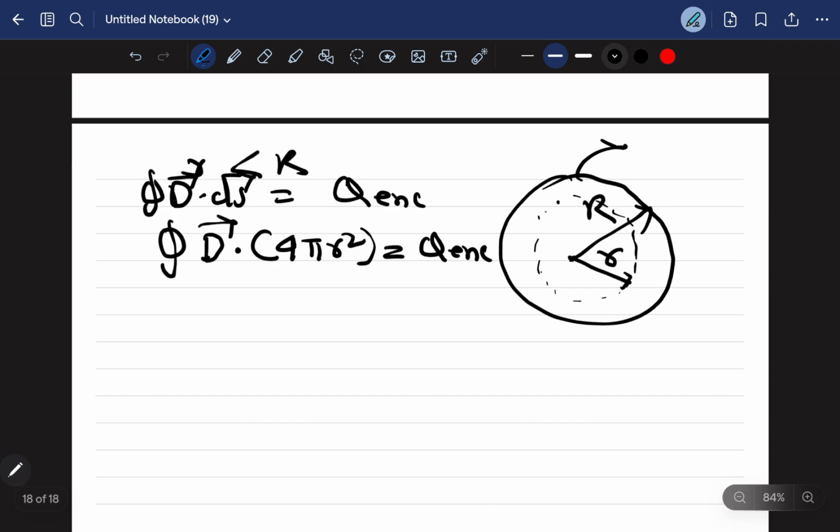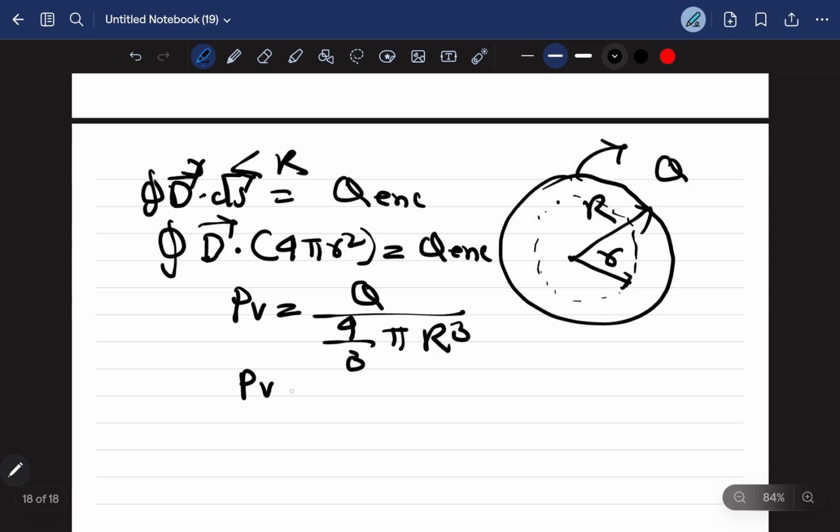Now we know the charged sphere has total charge Q. We have to find the charge enclosed inside this small Gaussian surface. The volume charge density rho will be given by Q by 4 by 3 pi R cube, where 4 by 3 pi R cube is the volume of this sphere. Multiplying this rho by the volume of the small Gaussian sphere, 4 by 3 pi r cube, gives the charge inside the Gaussian sphere.